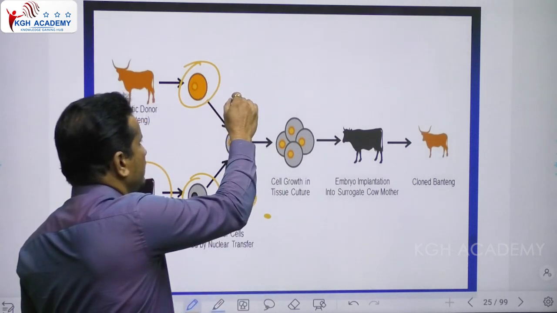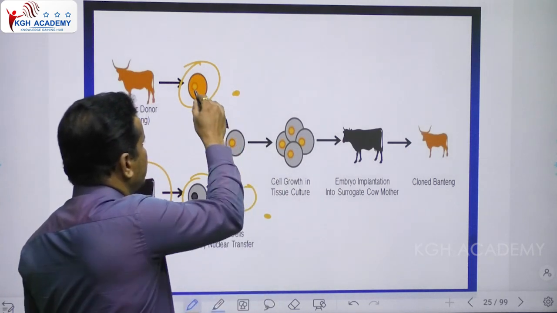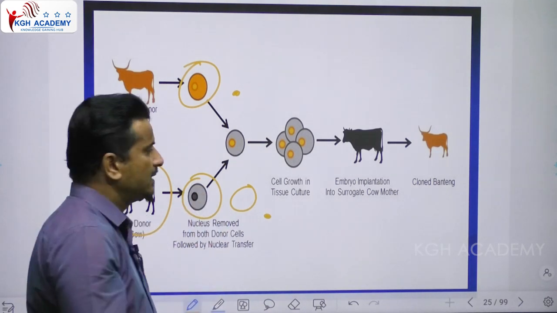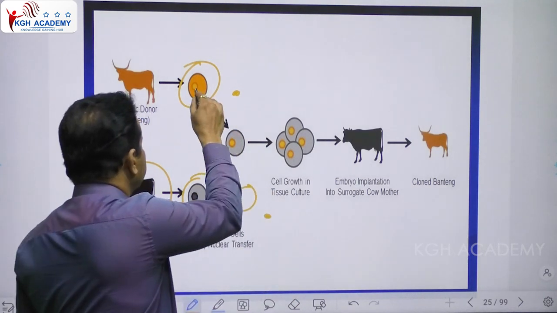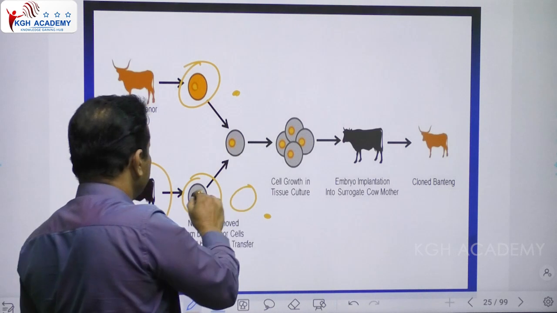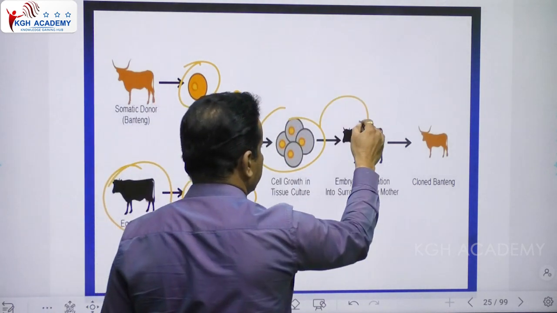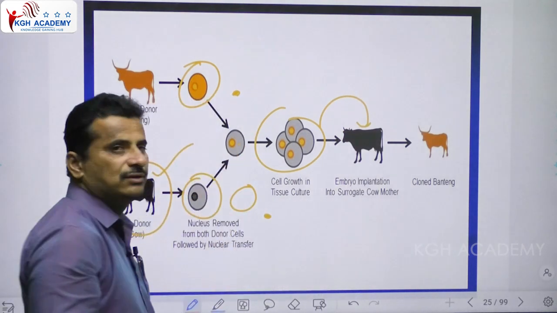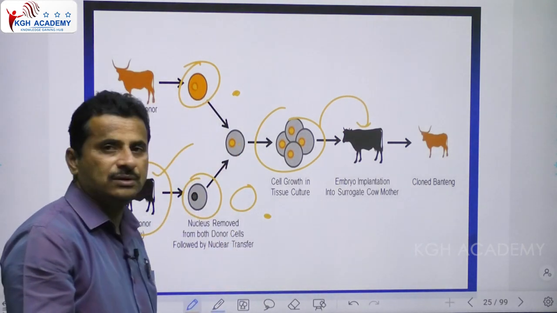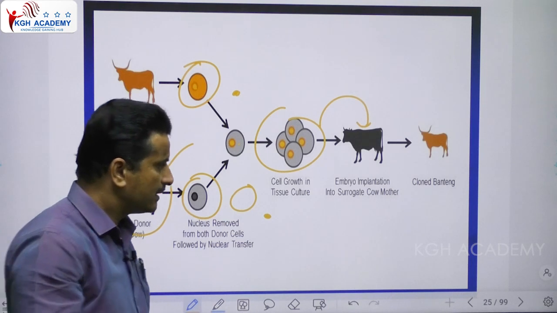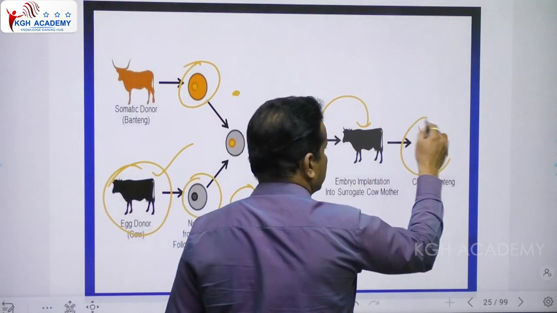And the somatic cell nucleus is separated. This is very clear. This is yellow color, this is black color. They transfer this nucleus into the egg, and they are multiplied and next introduced into the egg donor, the surrogate animal. The produced one looks like this.